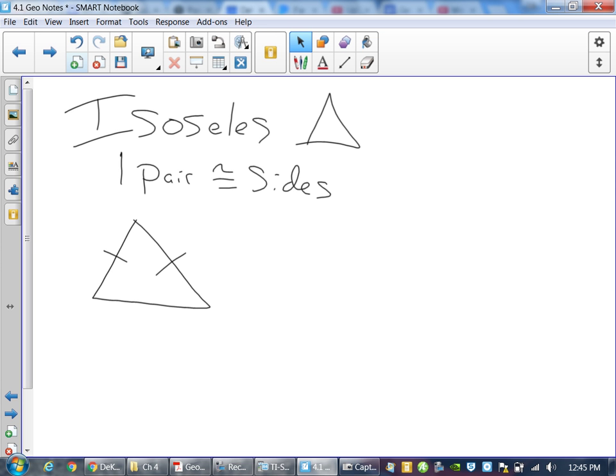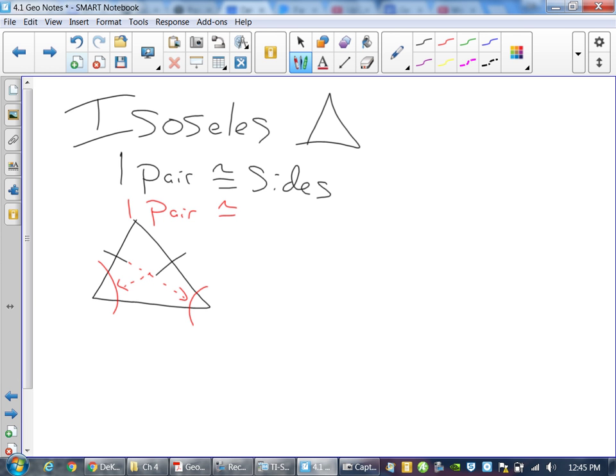Because you have your two sides that are identical to one another, and if you look at your tick marks, notice how this one is pointing at this angle, and this one is pointing at that angle. That means that you wind up with congruent base angles as well. So it has one pair of congruent sides and one pair of congruent angles.